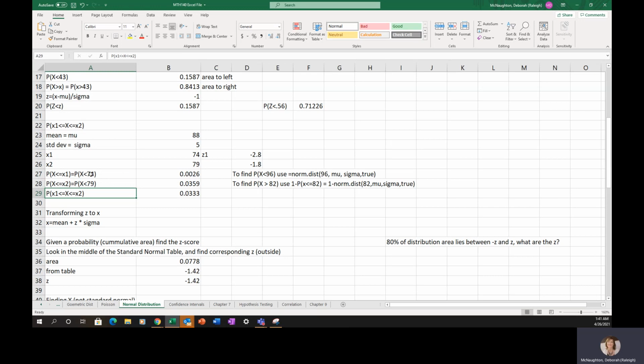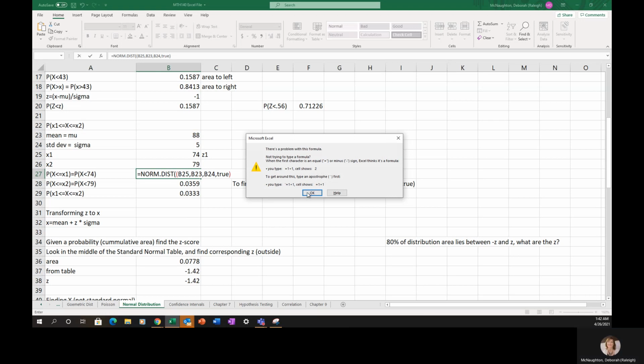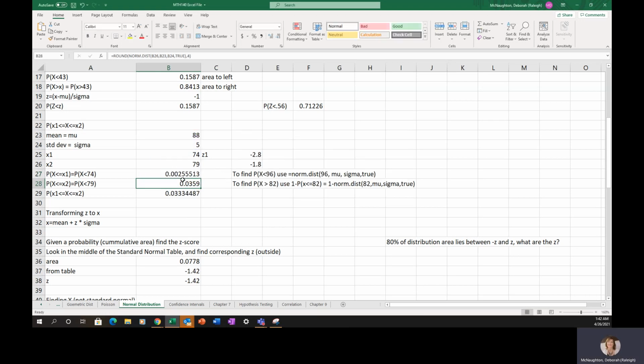So the way I find the probability that X is less than 74, again, let me just do this for you guys. So that's going to be equal norm dot dist. And then we put in our X value. This first one is 74, comma, mean, comma, sigma, comma, true. Extra parenthesis in there, we'll just get rid of that.